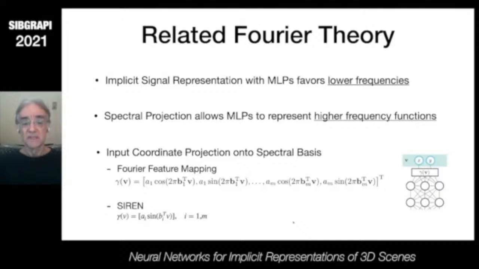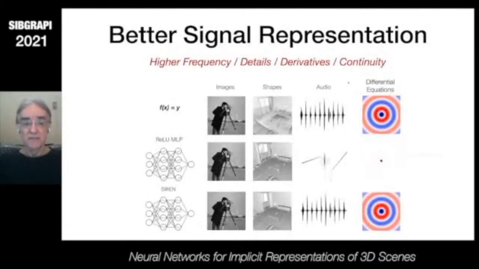And so this is one of the powers of the Siren, compared to other networks, such as the regular ReLU MLP, to solve the implicit representation problem.